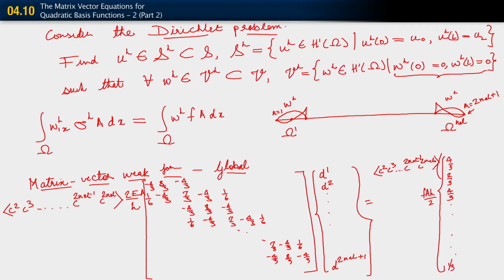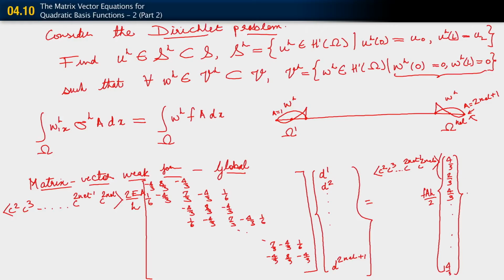Actually, no, we don't get the 1/3 entry here because we have only up to C2NEL degrees of freedom in the C vector. As a result, the last entry here would also be 4 over 3. 4 over 3 would be the entry from the mid-side node of the last element. The contribution from the last node of the last element, which is the one that I've marked out here, is missing also in the vector that arises from the forcing function.